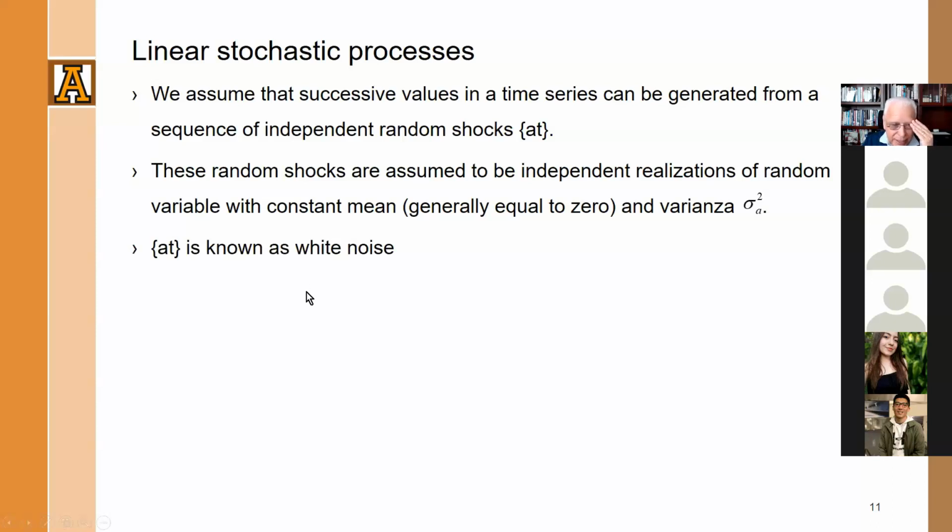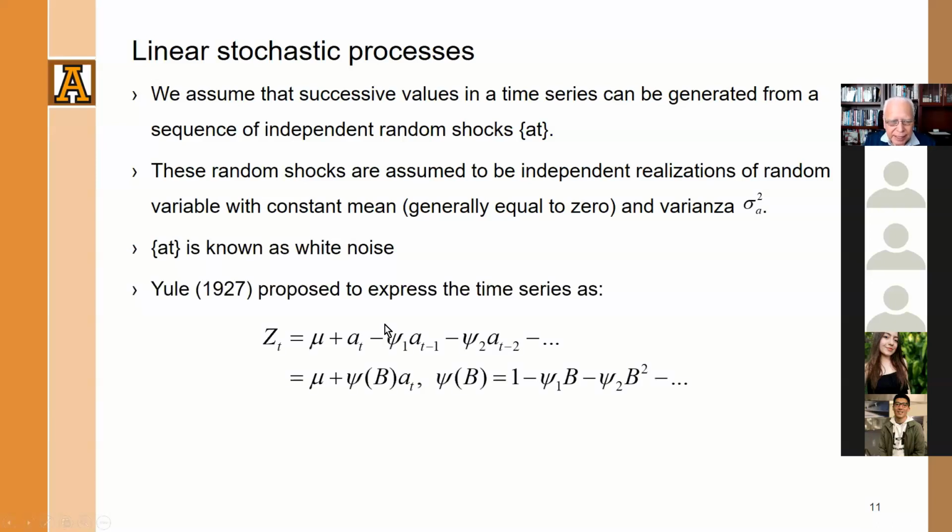A_t is known as white noise, and Yule in 1927 proposed to express the time series in this form. Yule in 27 said, well, any time series can be expressed as a possibly infinite linear combination of random shocks.